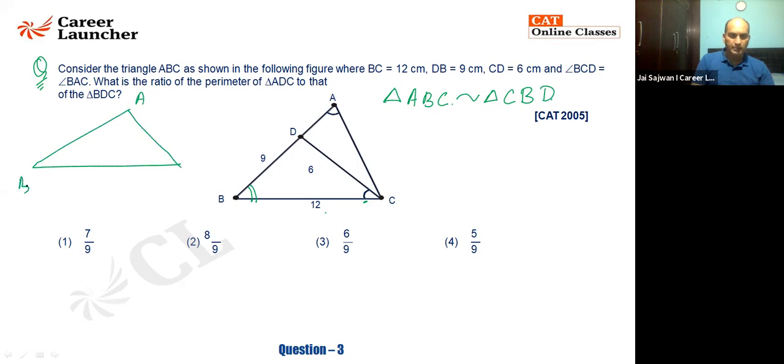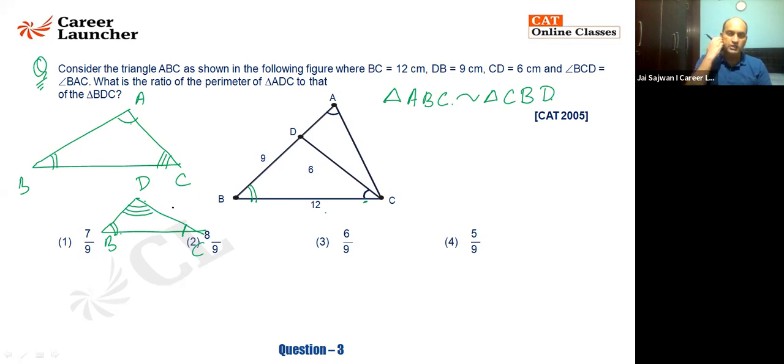Look at triangle ABC. This is single angle, this is double angle, this is triple angle. Let's talk about triangle DBC. B is the same angle, so I'll write it the same. Now it is given that angle C is equal to angle A. So automatically, if two angles are equal, the third one will also be equal.